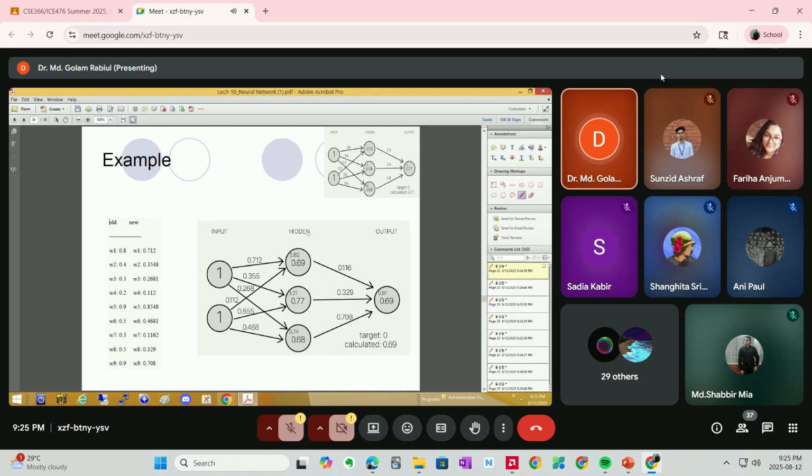We have to utilize the new weights, these new W1 to W6 and these new W7 to W9. Utilizing those weights, we apply forward propagation now.